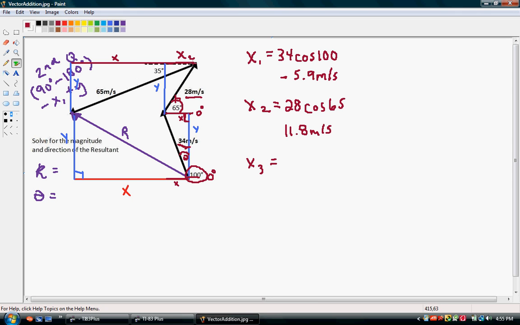Our final x is how far to the left this last vector went. Now the hypotenuse here is 65 meters per second. And we use cosine, and now we need to figure out what is our direction. Now, the problem tells us that the angle right here is 35 degrees, but we want the measurement from 0 degrees.